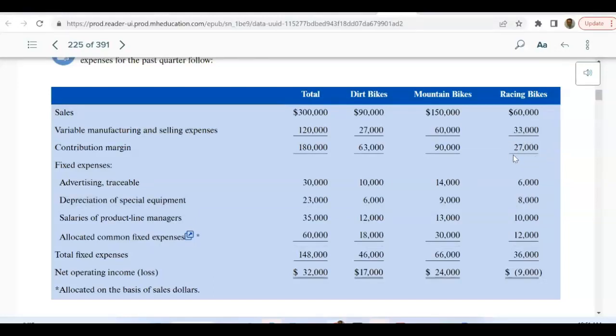That contribution margin will go away if you discontinue racing bikes. And what is contribution margin doing? Contribution margin, it's a dollar amount that helps you to pay for the fixed expenses, right? Specifically, fixed expenses that is traceable in here. And also the common fixed expense that is not traceable, but it's going to happen no matter what, right?